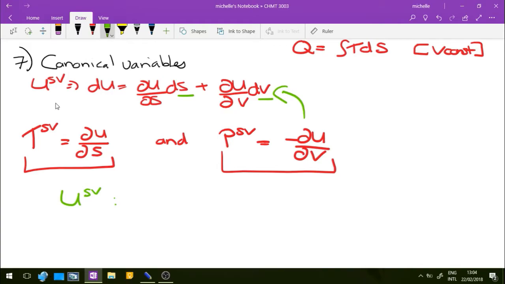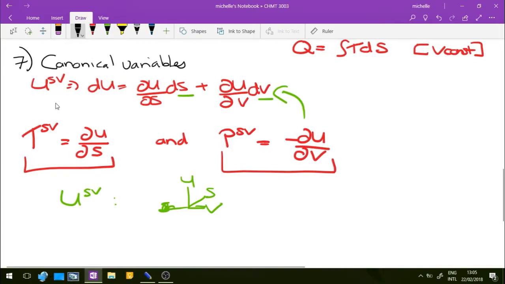Because from USV, in that USV space, you can actually get quite valuable information, and we've seen that with the q and the w. So canonical variables denote the complete form of that function, and it helps us to find even more information about a thermodynamic system.